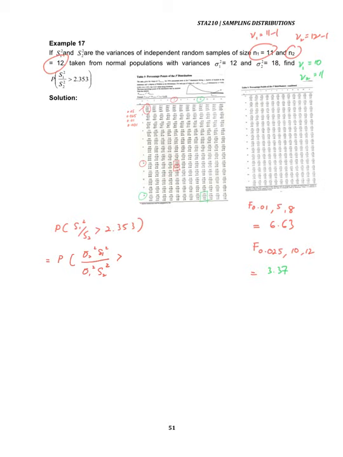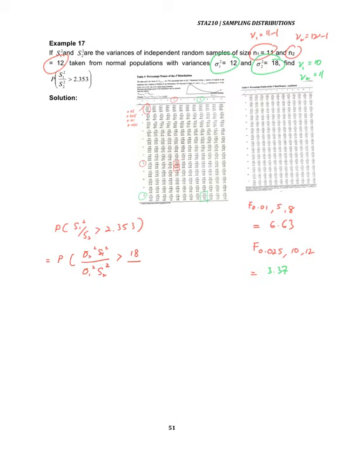Okay, tadi kita dah ada maklumat lain. Sigma 1 square 12, sigma 2 square 18. Okay, now masukkan value dia. Sigma 2 square adalah 18 over sigma 1.